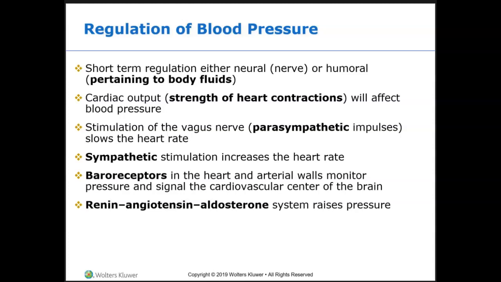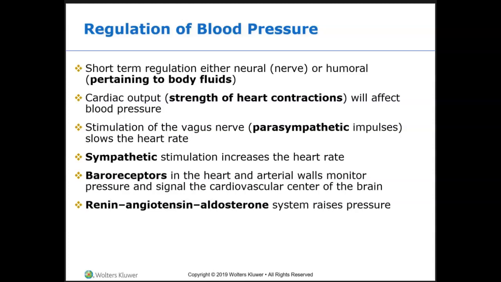When we are entering into the parasympathetic impulses, when it's time to rest and digest, then our vagus nerve is stimulated and this will naturally lower the heart rate.